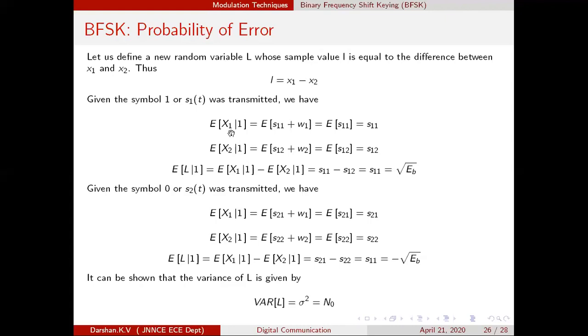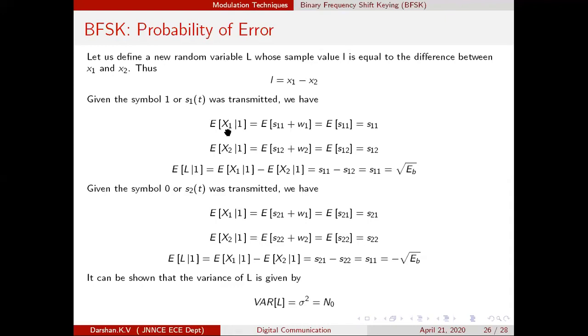I hope you can recollect, x1 is equal to S11 plus W1. Since we are bothered with the signal S1, it should be S11 plus W1. Don't bother about the further things. Just come to the second coordinate x2. It is equal to S12 plus W2.